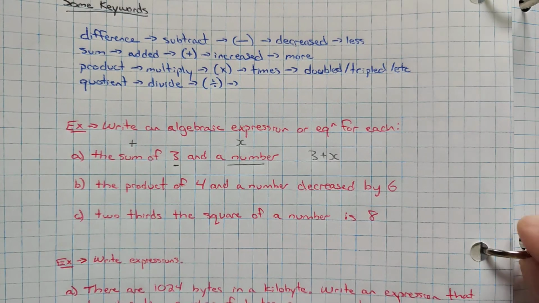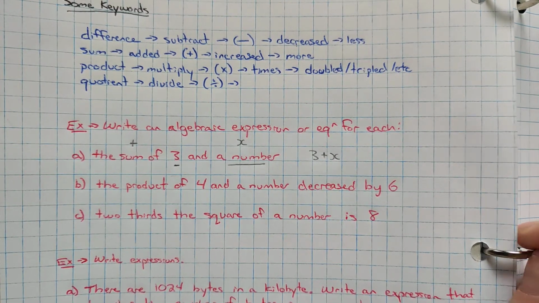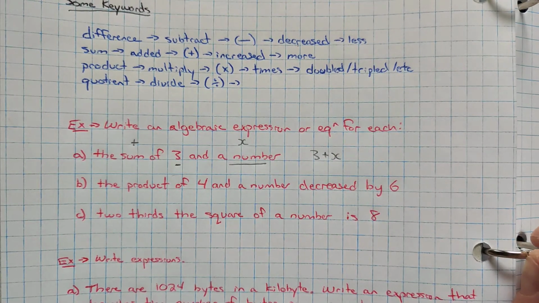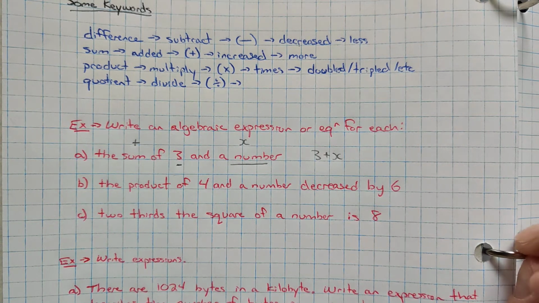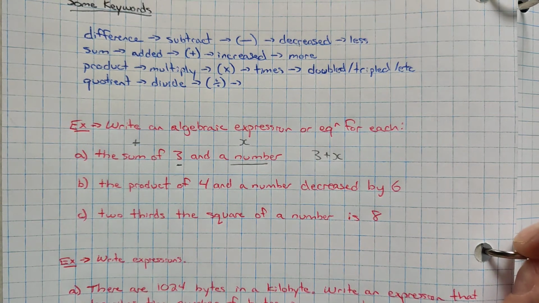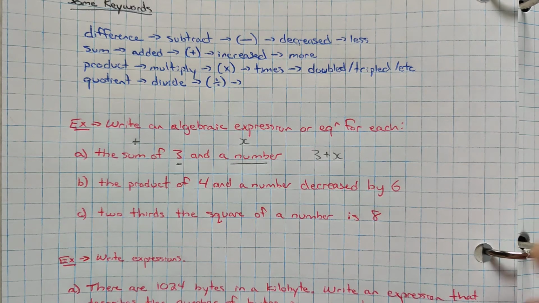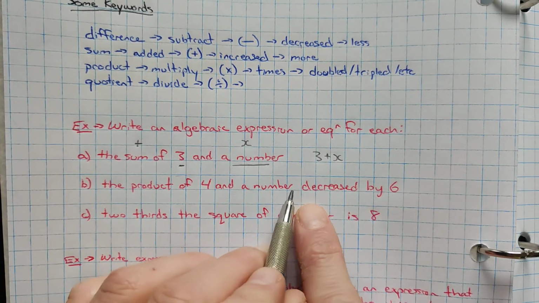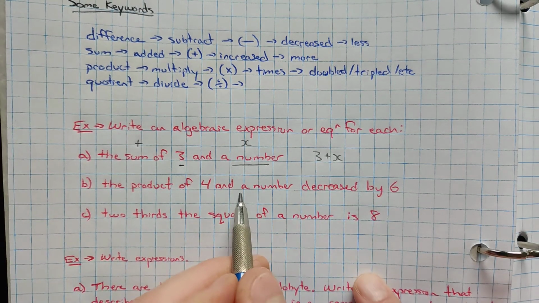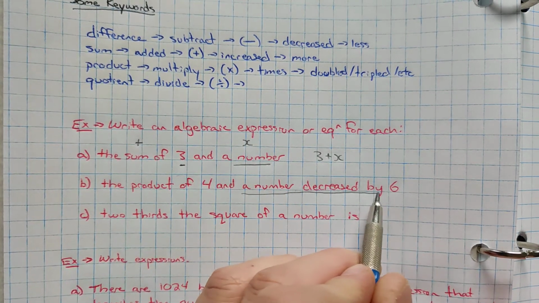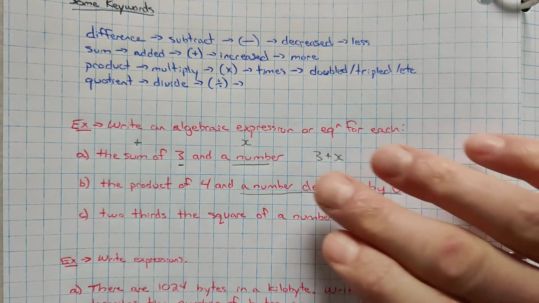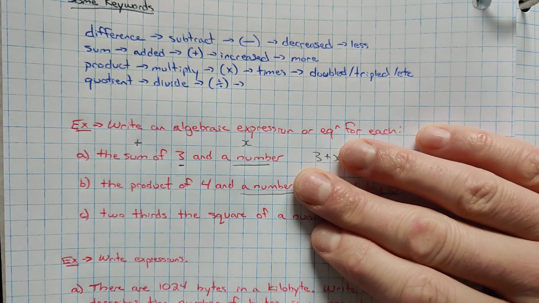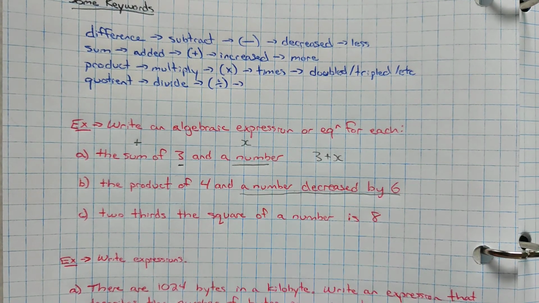In the next case, we have the product of 4 and a number decreased by 6. This is important to note. There's no comma here separating this, so a number decreased by 6 is one big piece. It's not the product of 4 and a number, comma, decreased by 6. There's no pause.